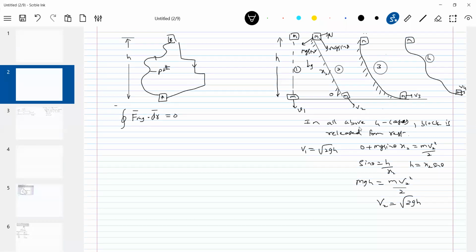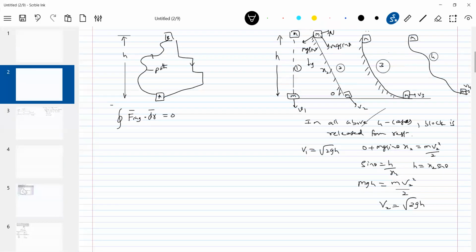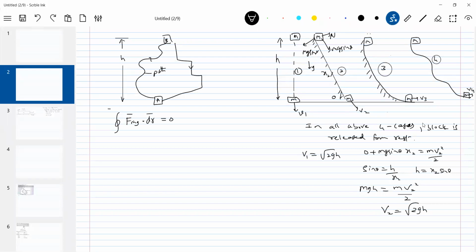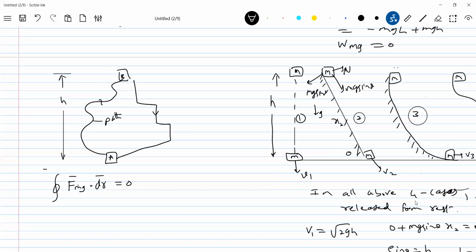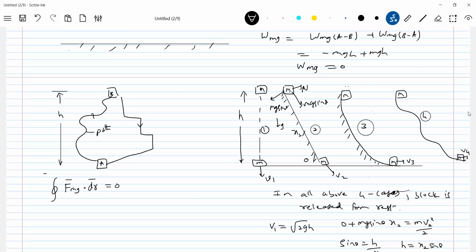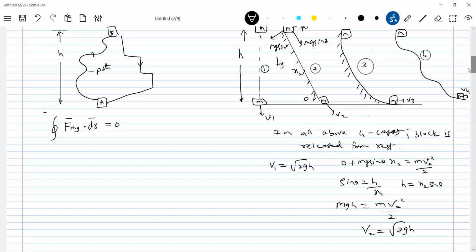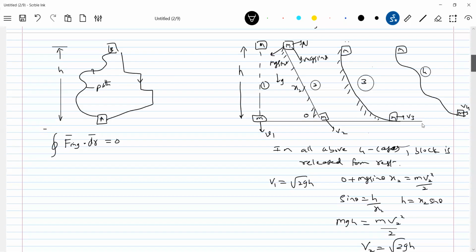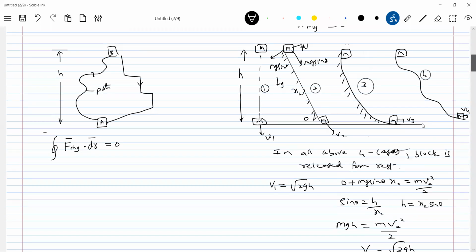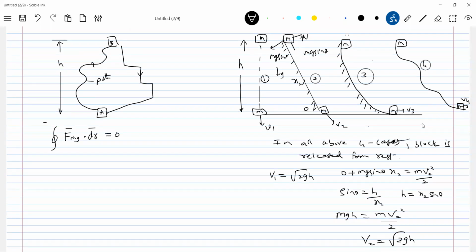When I calculate the work done, it is done by only that component, so I got the same speed. Similarly here also, if I write the equation and solve it, I'll get it.